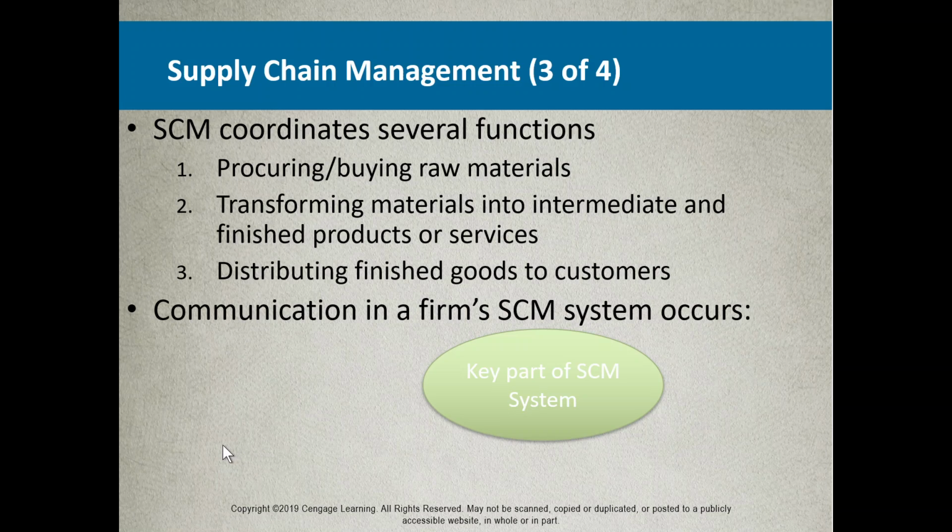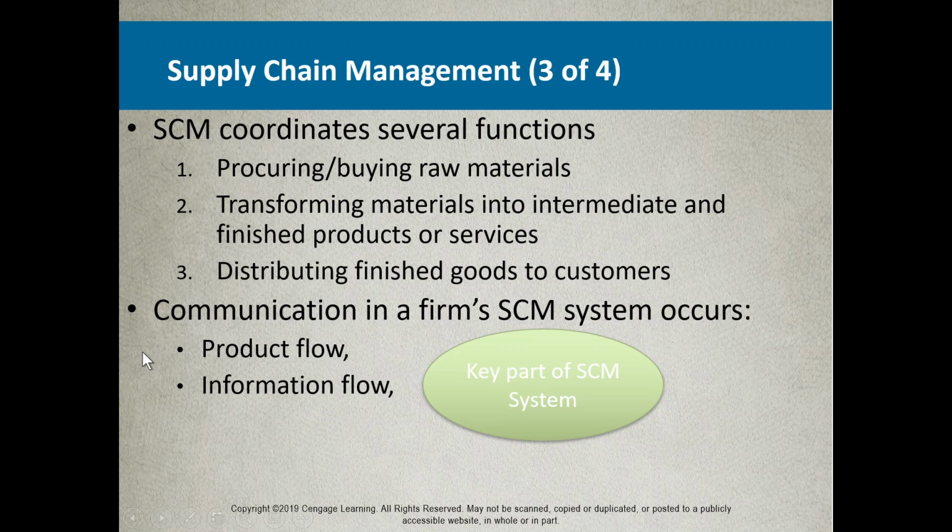These ERP systems that work with large supply chains provide, as one of their key features, communication between the partnering firms as the product moves from one key component to the next. So one of those is communicating the product flow from the raw materials to the intermediate to the product to the customer. These tools help the communication throughout that entire process.